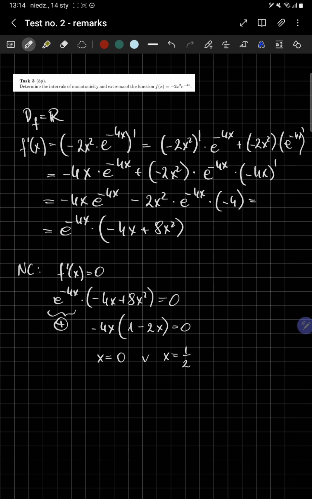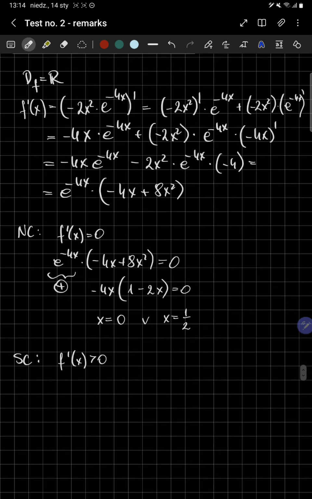For this we need to investigate the sufficient conditions, so the sign of the first derivative, and check whether it changes in the neighborhood of the points. Okay, so starting from scratch, we have the same expression, but now we work with the inequality, which behaves differently than the equation.